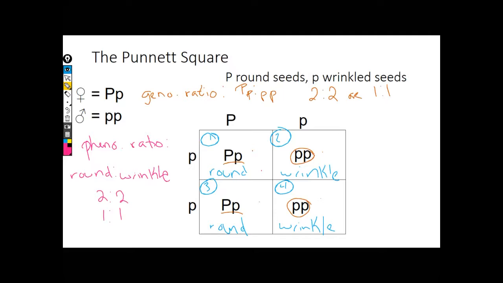Now you see in this example that our genotypic and phenotypic ratios happen to be the same. We're going to have plenty of examples where that is not the case, so don't assume that it will always be so. They always count.